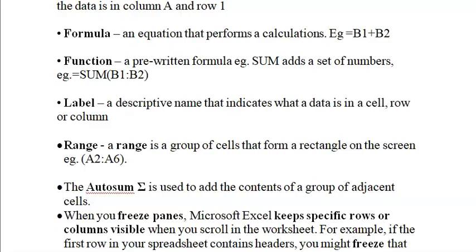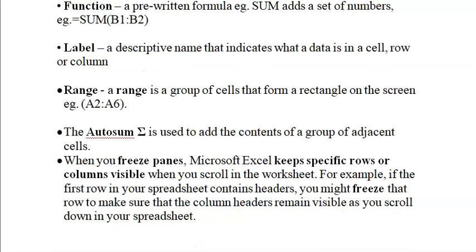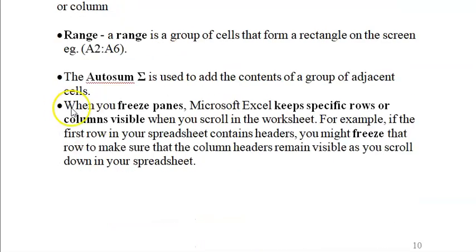So A2 straight down to A6 is a range. We are highlighting from A2 to A6. Then you have AutoSum, and this is the symbol for AutoSum, all right? This looking like an E. That's the AutoSum symbol. It is used to add the contents of a group of adjacent cells.